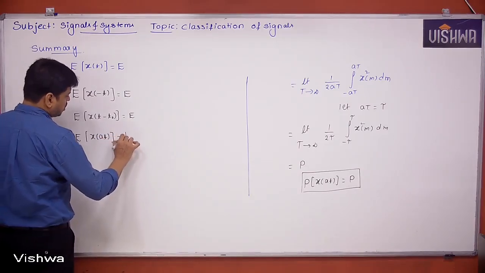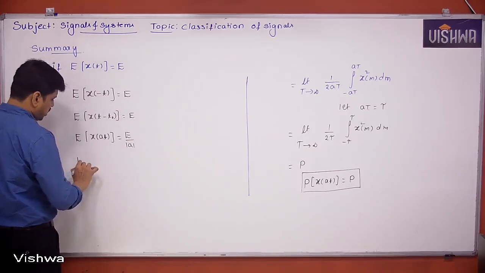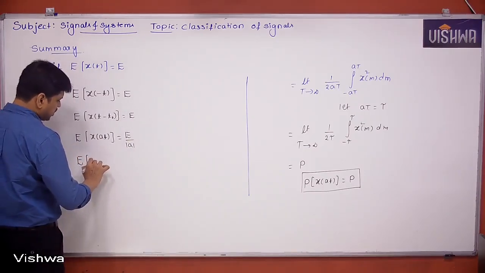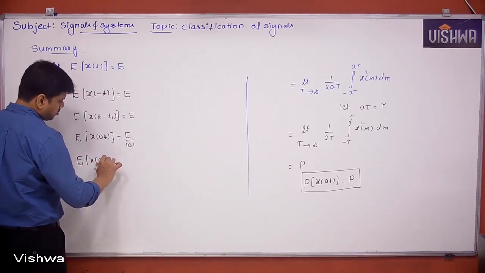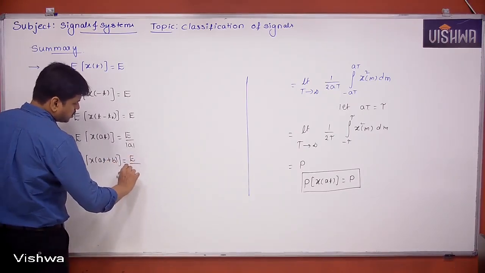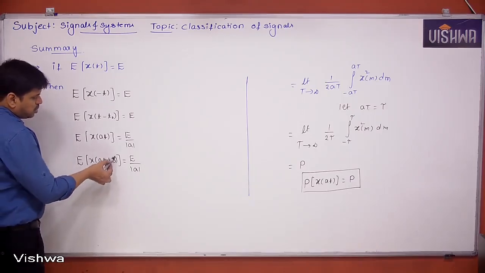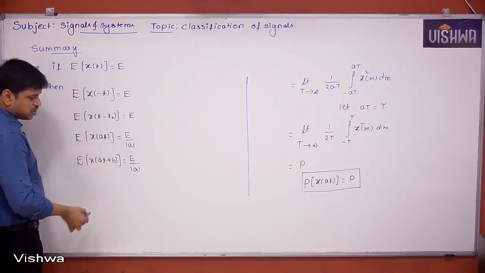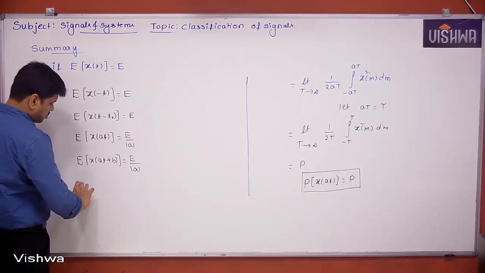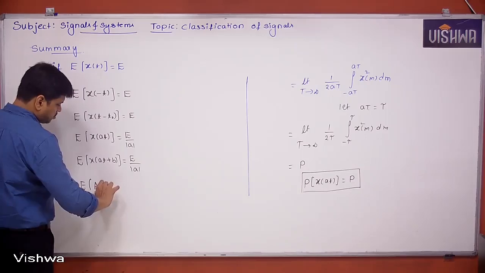Just now we came to know that E by mod A. Now, energy of x of at plus b. This is also E by mod A. How, sir? Because I told you time shifting does not change the energy, only scaling will change the energy. Okay, that's why. Next, energy of Ax of t.